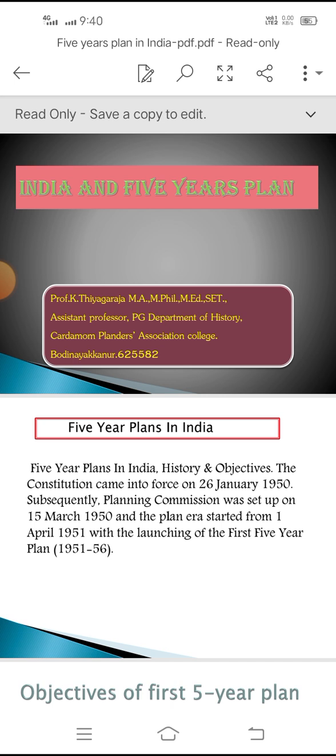First of all, the government must protect the people from foreign aggression. That is the main duty of the government. Second, to provide the basic needs or basic requirements to the public.